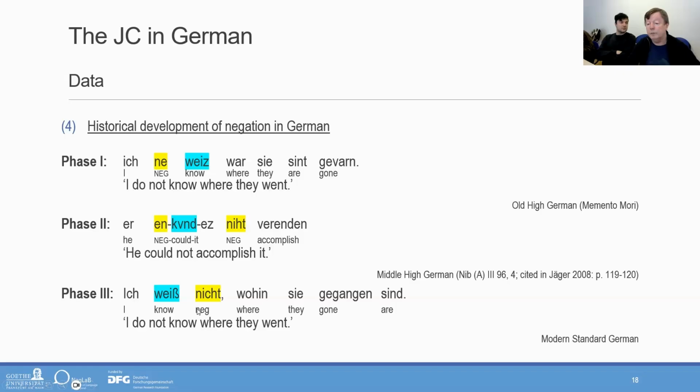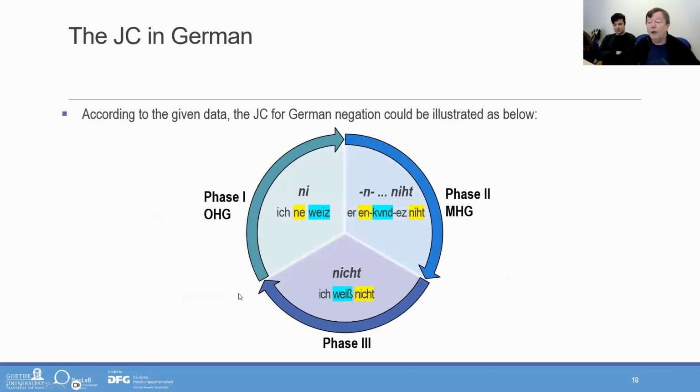And in Modern German, only nicht negates the sentence, and the original negation ne has disappeared. So according to this data, the Jespersen cycle in German can be illustrated with the three phases I presented.